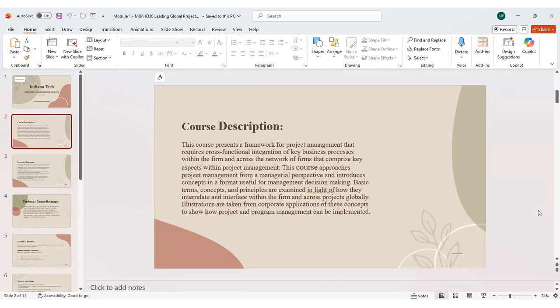Basic terms, concepts, and principles are examined in light of how they interrelate and interface with the firm across projects globally. And illustrations are taken from corporate applications of these concepts to show you how projects and program management can be implemented.